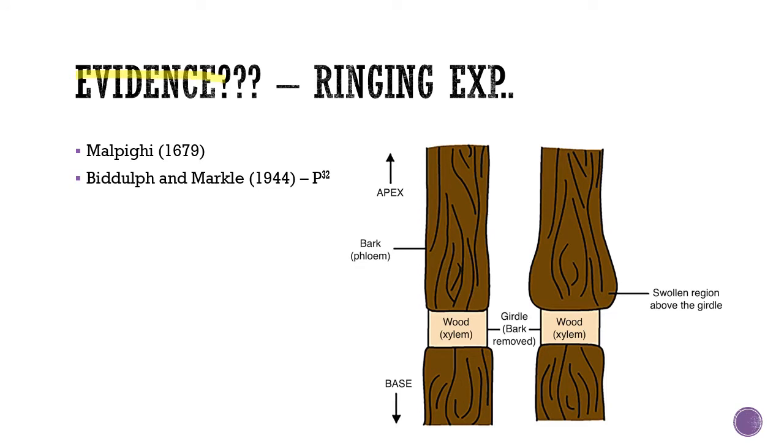So, what are the evidences that say the phloem vessels are responsible for the translocation of organic solutes? The scientist Malpighi in 1679 conducted an experiment known as the ringing experiment. In this experiment, he cut a circle of bark from a tree, exposing the xylem vessels but completely removing the phloem vessels from the wood. After removing the bark, he could see swelling of the bark region just above where he made the cut.